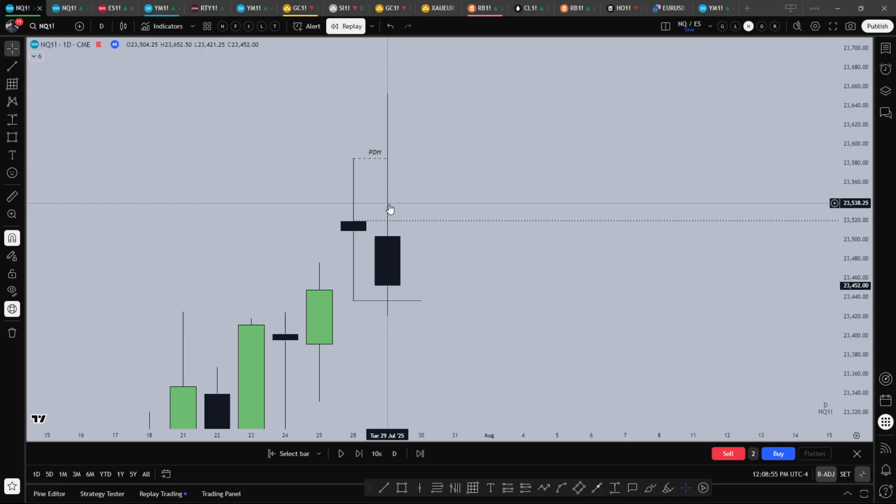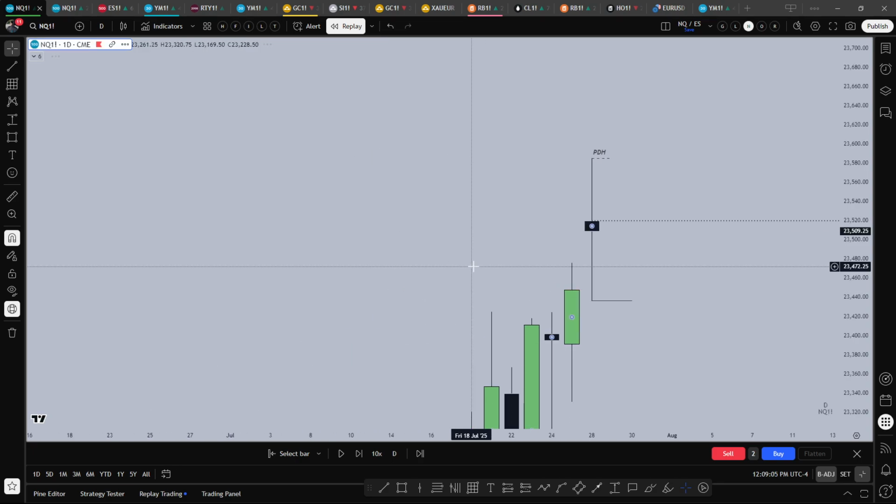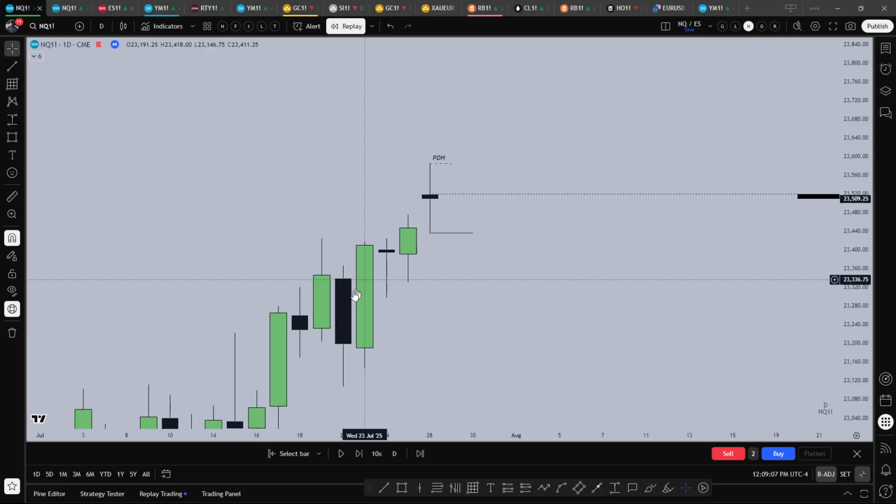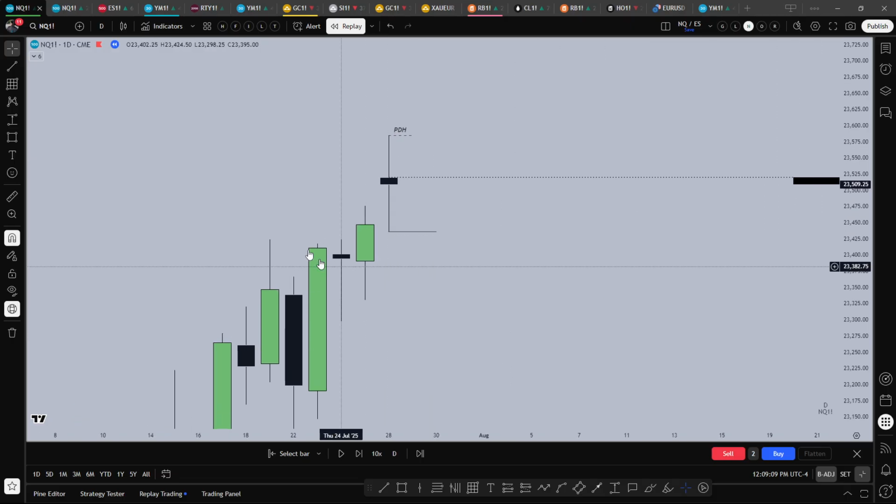So going into Tuesday, I don't have much expectations just off of NQ, because I simply don't have any clear narrative to trade away from or to trade towards.